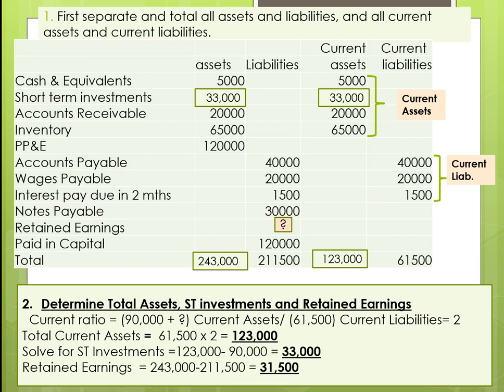Next, we can determine our retained earnings, because if we take our total assets minus our liabilities, that's going to give us our retained earnings, which is $31,500. If we add that in, we get $243,000, and now we balance in terms of our assets and liabilities. So that's how you would solve if you were missing part of the information. So you have to remember how things work, like how does that current ratio work? What are current assets? And that assets must equal liabilities plus equity.